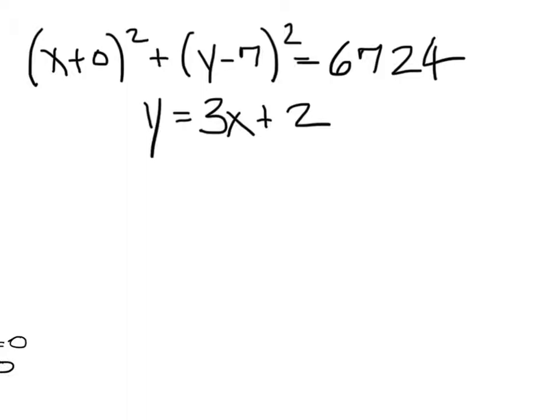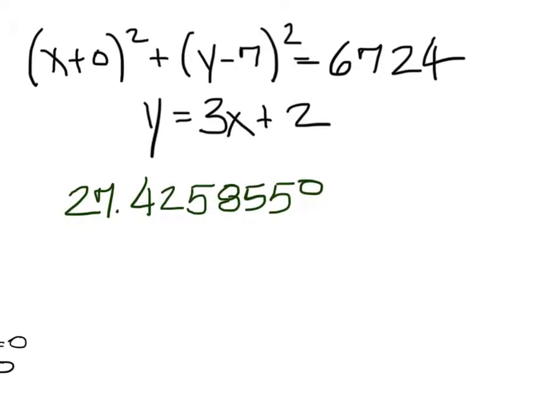Now, all you have to do to see what one of them is, is hit alpha A and hit enter, and it'll bring up what we had. So one of them is 27.425855582, and that is for X. Let's plug that into here and see what happens.